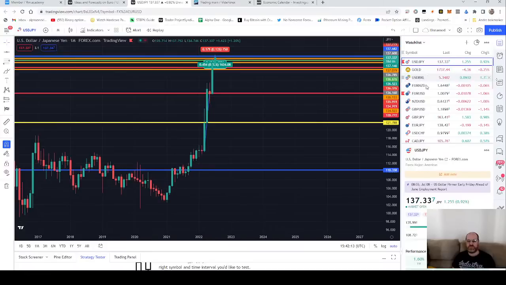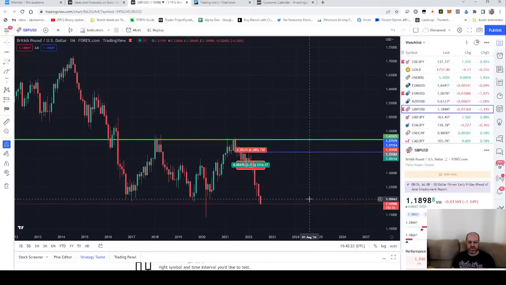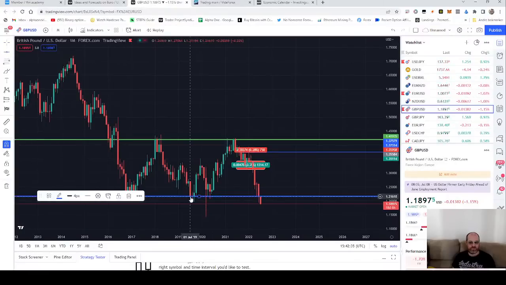Now let's open another one. We open GBP USD, this one here. So here also we are looking at the same as you see the other ones. You see here now we have a very strong support.